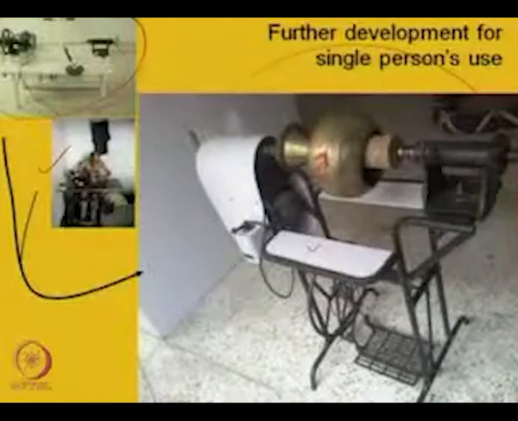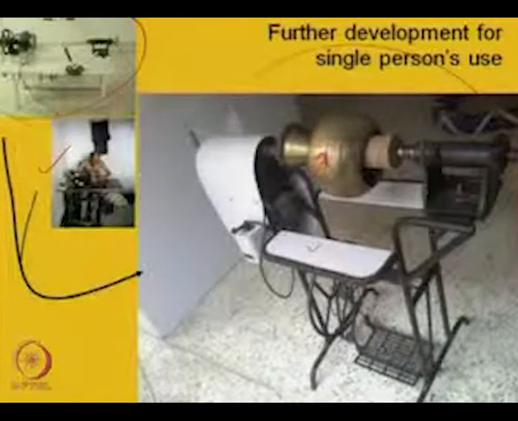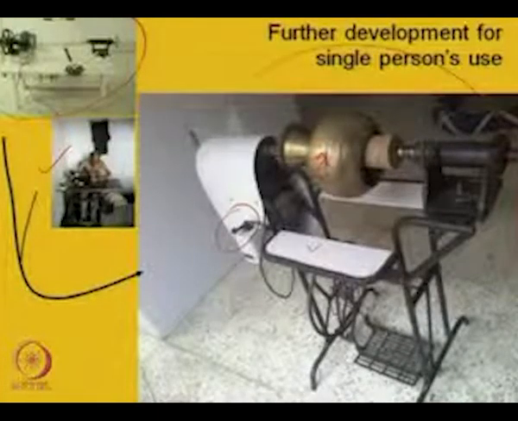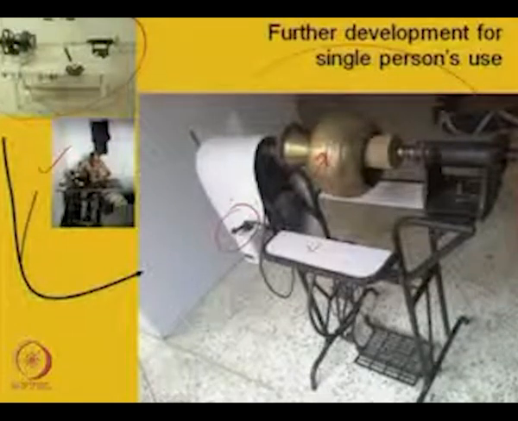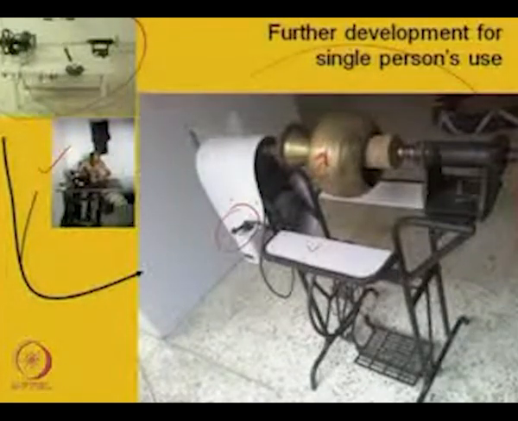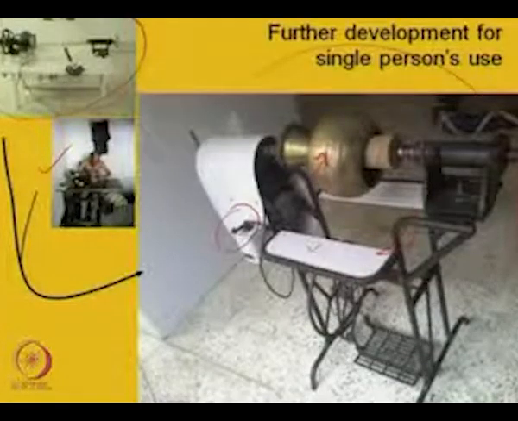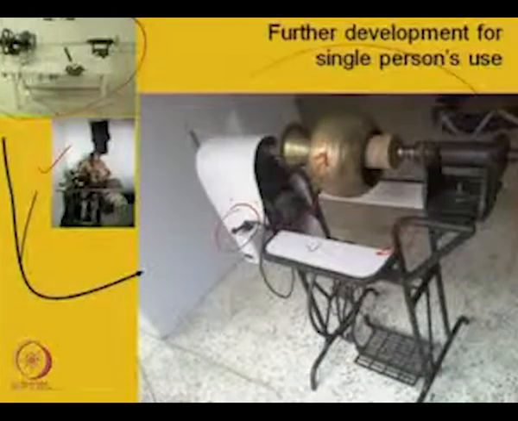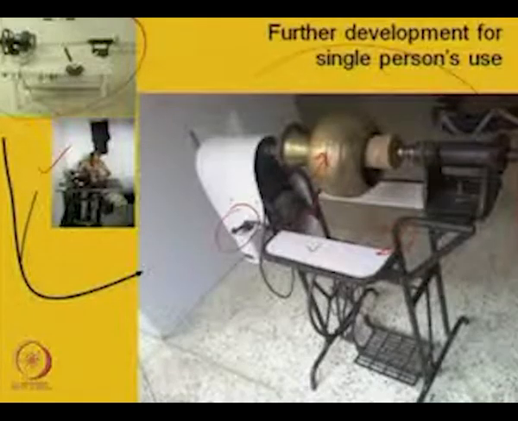Now, one motor is given here with a special cover and a special speed controller, so that with the speed control he can polish at the desired pressure and desired speed. Here a cloth cover is given, so that whatever brush particles fall while polishing can easily be collected here.